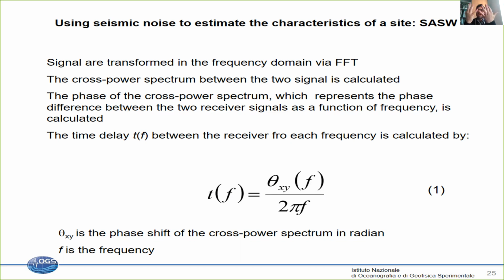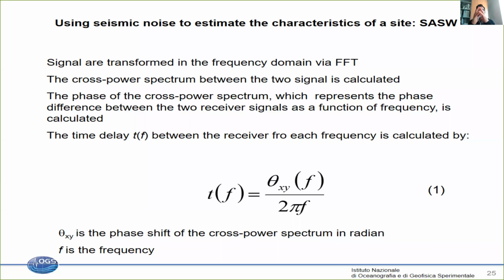Conjugate means that I change the sign of the imaginary part of the spectrum. You remember, each Fourier spectrum is a complex number with a real and an imaginary part describing, let's say, each frequency.